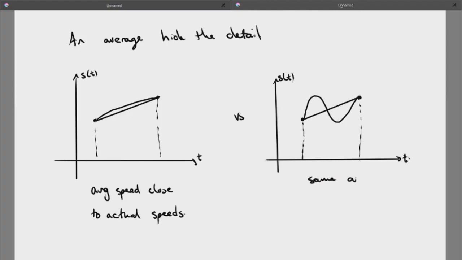So it's the same average speed. But the same thing did not happen. Very different things happen. The average doesn't convey the information of the detail inside that time interval. It just merges it all together.